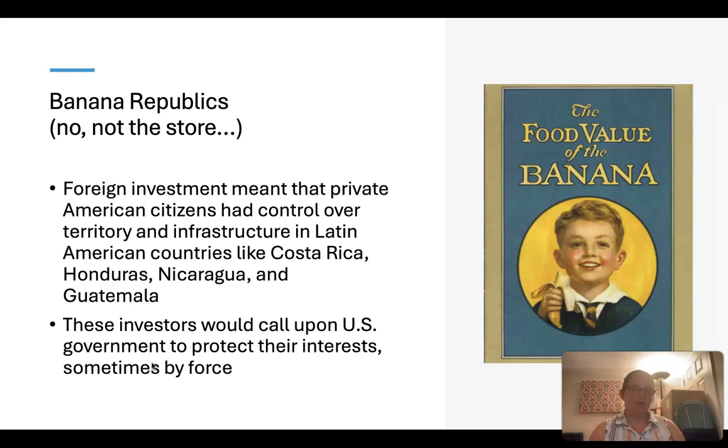This picture here, the food value of the banana, this is a pamphlet published by the United Fruit Company in 1928 promoting the consumption of bananas by Americans. Prior to 1870, bananas were not something you could get in the United States.